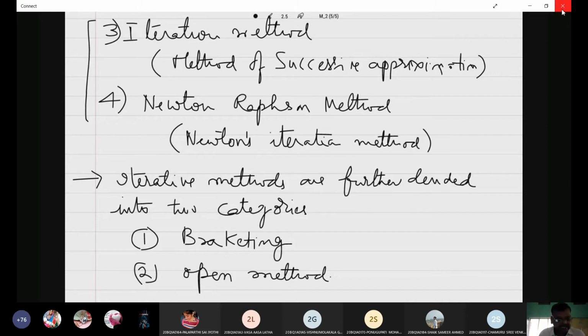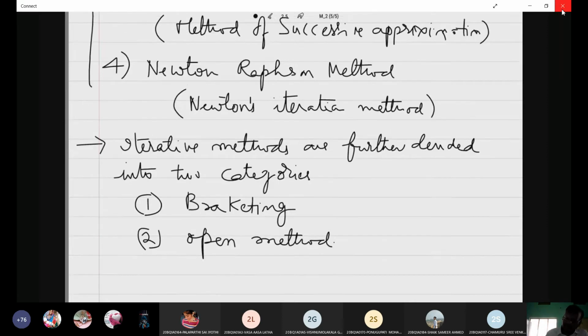Now the bracketing method requires the limit between which the root lies. Note down that point also.